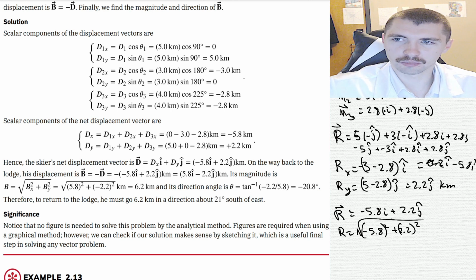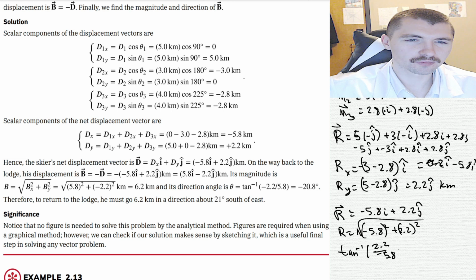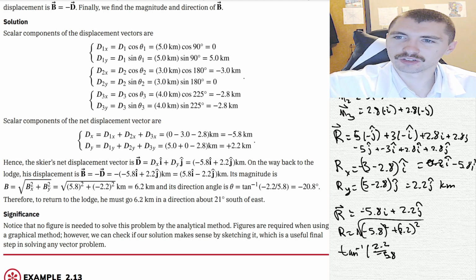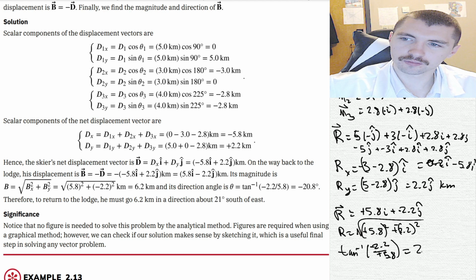So it's going to be your y over x. So tangent inverse of 2.2 over negative 5.8. All right, so this is where they converted it to negative. Southeast, so like that.